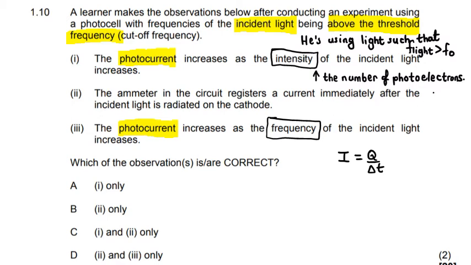And how does it do that? It does that because light with a greater intensity has more photons in it, which means that the number of photoelectrons is going to increase. Now, what does light that has a greater frequency do? Well, light with a greater frequency just increases the kinetic energy of the photoelectrons. It doesn't necessarily increase the number of photoelectrons, and that is the difference here.